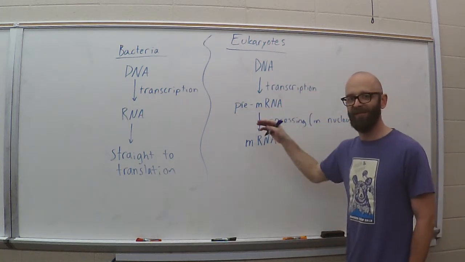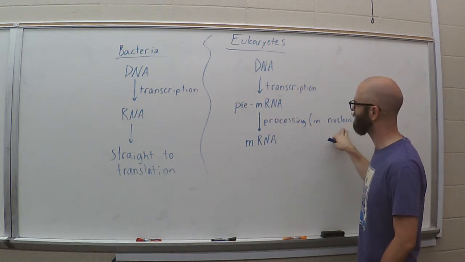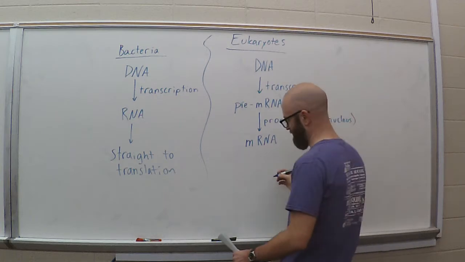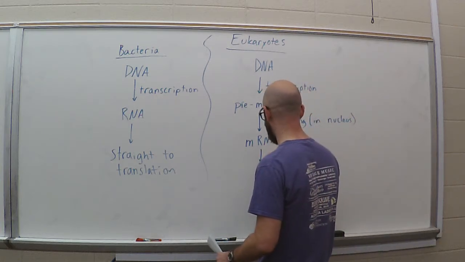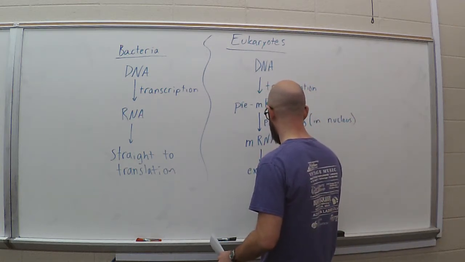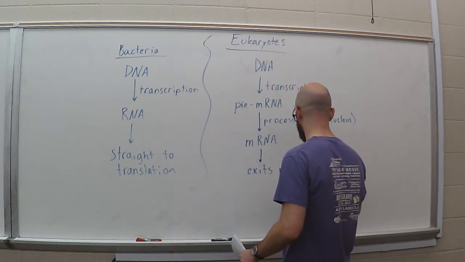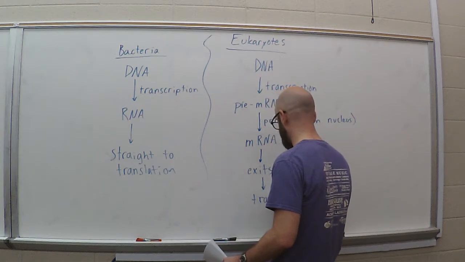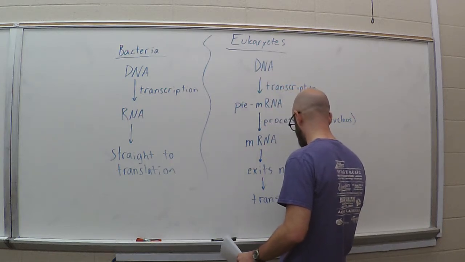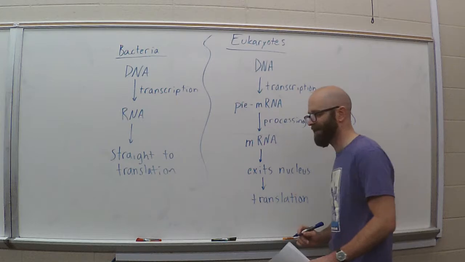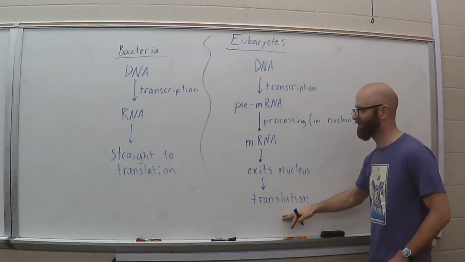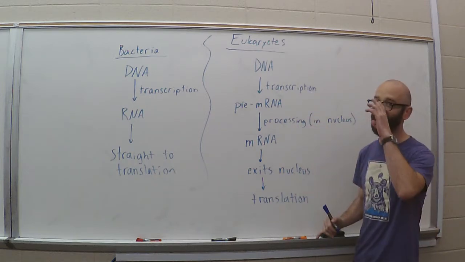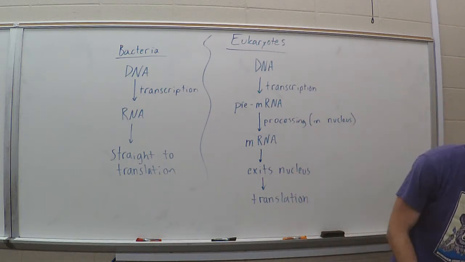That pre-mRNA gets processed in the nucleus still to make mRNA, and then that mRNA exits the nucleus, and now it can go on to translation. Now it can be used in translation. So there's a few steps that have to happen to the RNA before it can be used in translation.